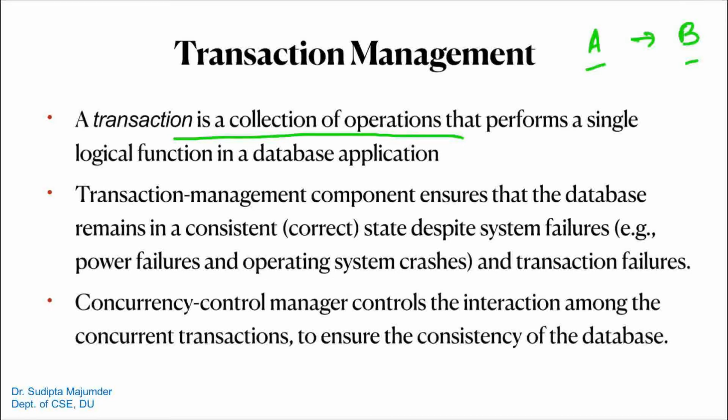The transaction management component ensures that the database remains in a consistent state despite system failures and transaction failures. Now in this case, if the transaction fails in between the operations, then it is the job of the transaction management component to complete the operation or to roll back the work done. In other words, the whole operation should be carried out or no operation should be carried out.